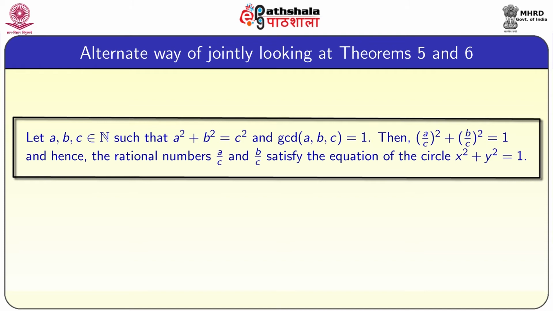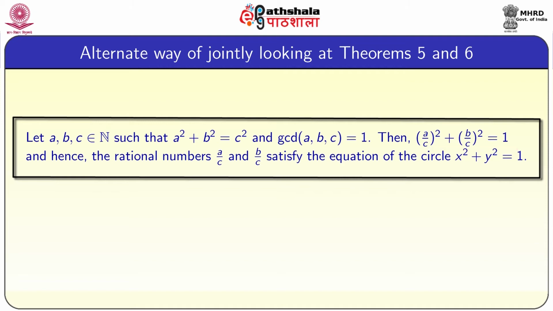Let a, b, c belong to N such that a square plus b square is equal to c square and GCD of a, b, c is equal to 1. Then what we can do, we can divide throughout the equation by c square. Then we can see that (a by c) whole square plus (b by c) whole square is equal to 1.